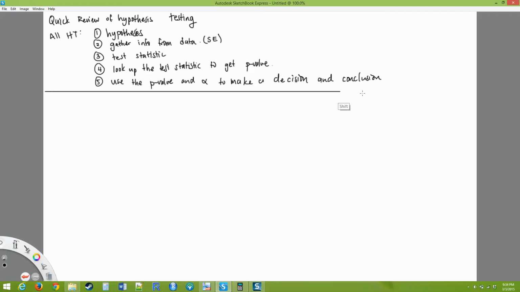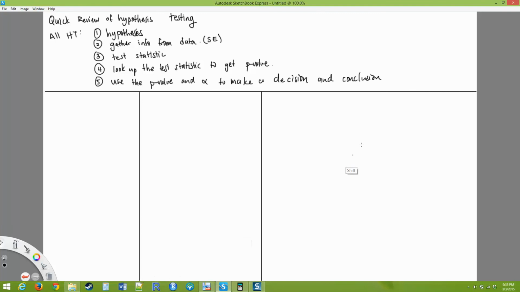Okay, so all hypothesis testing has this setup. And we've covered 4 hypothesis tests.